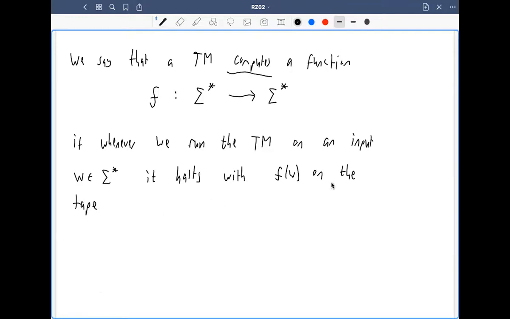And what do I mean by this? Well, just as we had W on the input, symbol by symbol, left to right, and all the remaining squares blank, I want f of W on the tape, written left to right in adjacent squares, with all the other squares on the tape blank.